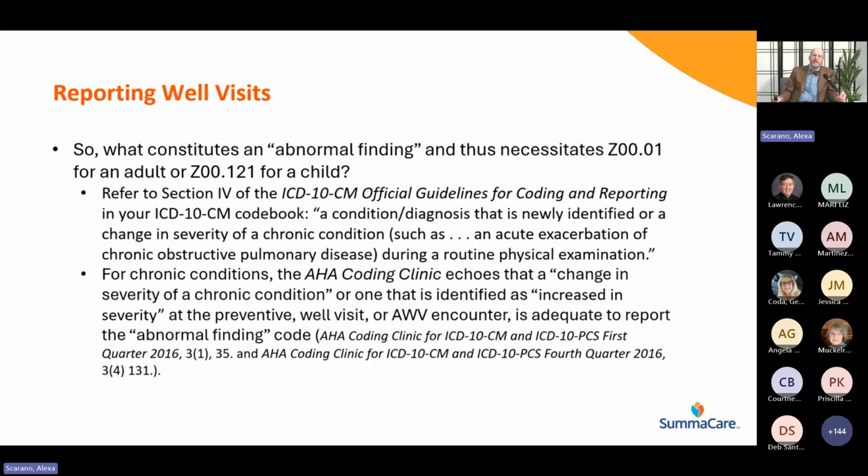Alternately, you have a chronic condition that has a change in severity or an acute exacerbation, that's an abnormal finding. So something new that's not normal, or a chronic condition that has a change in severity or an acute exacerbation, those, according to the authors of the code set, are abnormal findings.